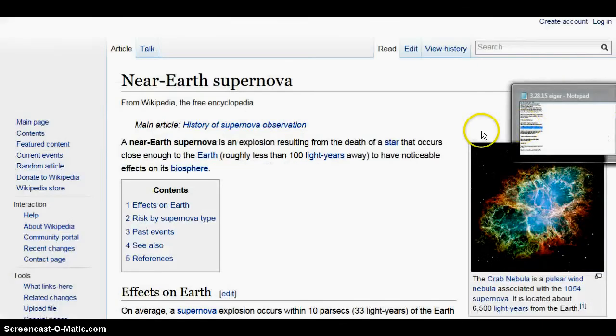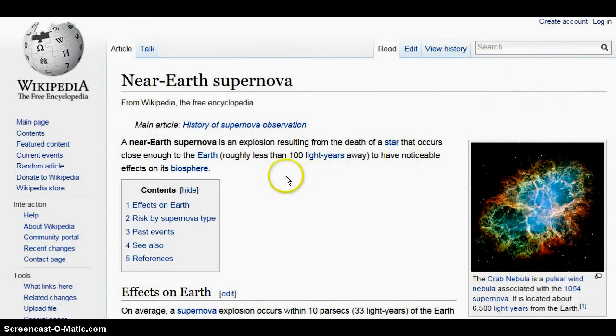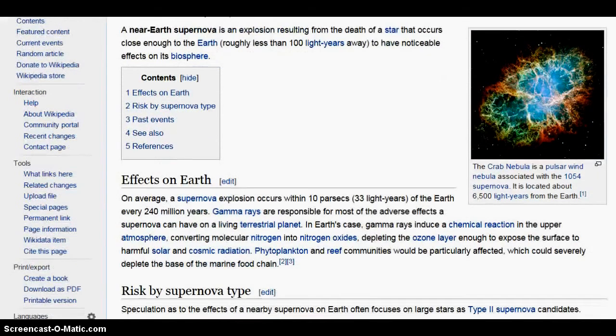Let me see what it brought up. A near-Earth supernova explosion would result in the death of a star that occurred close enough to the Earth, roughly less than 100 light years, to have a noticeable effect on the biosphere. And the effects would be as follows.